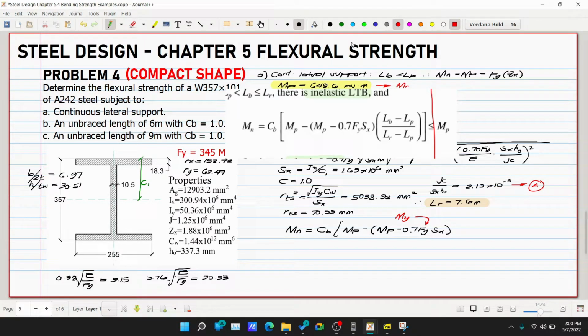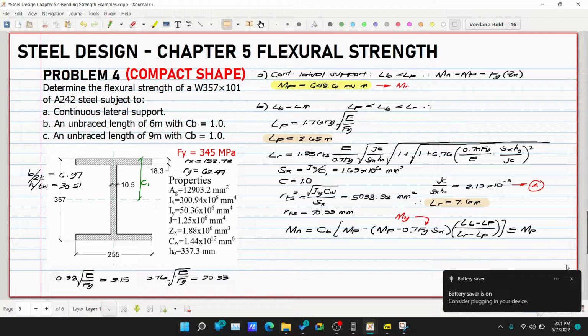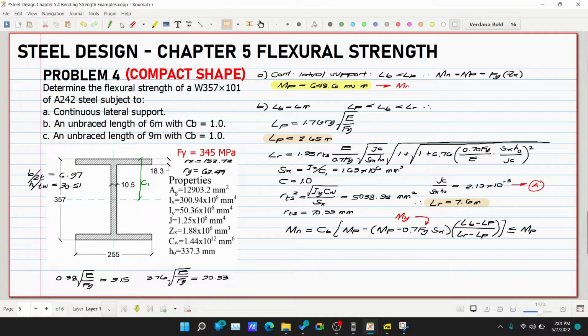Ang nangyari kasi doon, yung ating FY, binawasan natin ng 30%. Ginawa lang natin siya 70%. Okay, multiplied by LB minus LP over LR minus LP. And syempre, dapat less than or equal sa MP. Remember, hindi tayo pwedeng lumagpas sa MP kasi yun yung pinakasagad bago mag-fail yung ating member, hindi ba? So, hanggang dyan lang tayo sa MP.